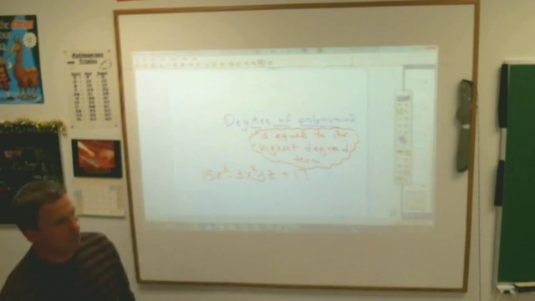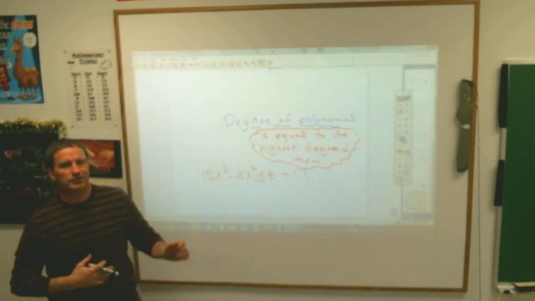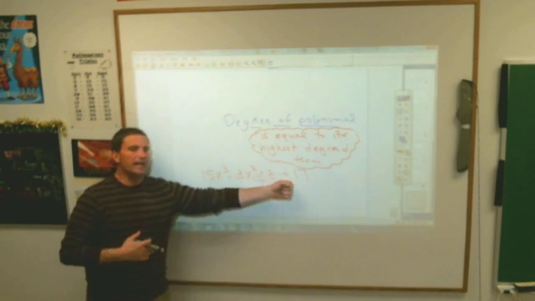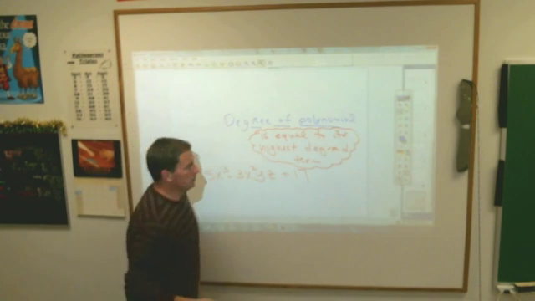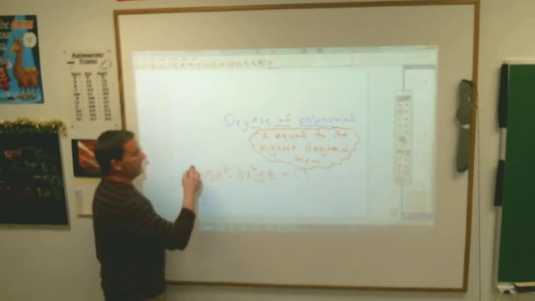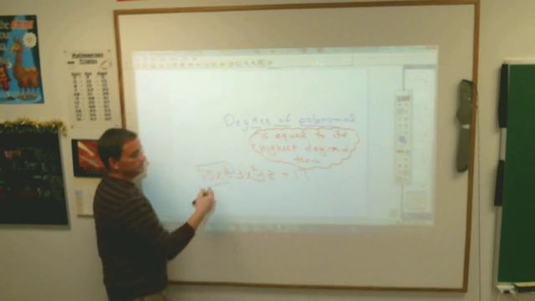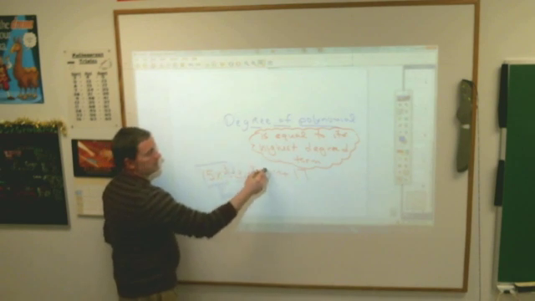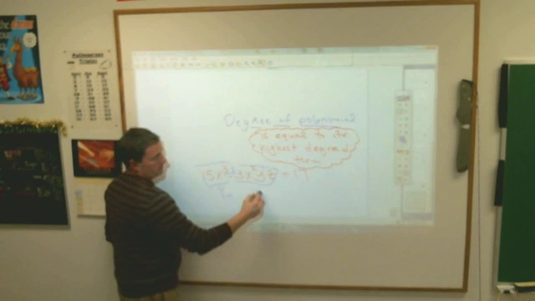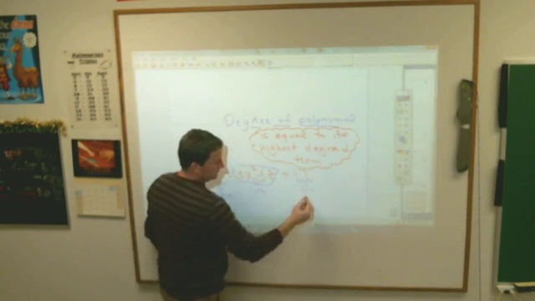If you are asked to find the degree of a multi-termed phrase, what you must do is look at each individual term and find its degree. This x cubed is third degree. This x squared yz is fourth degree. This has no degrees.